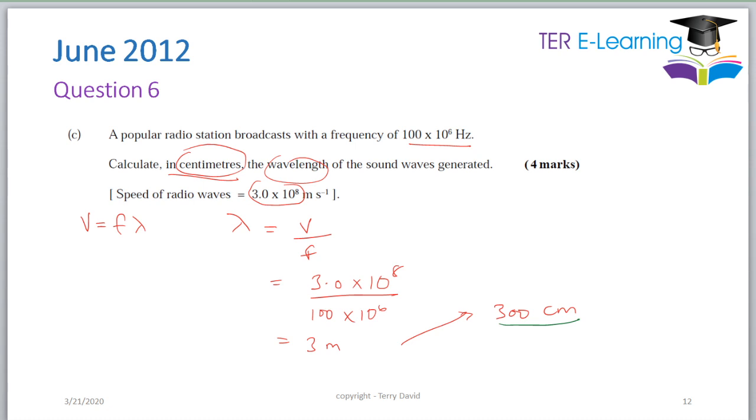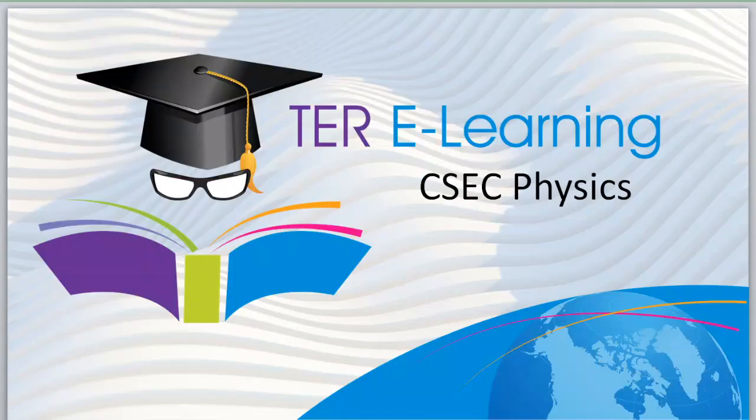Alright, so that's the June 2012 paper. I'm going to move on to another paper here, the June 2011 paper. I'll give you all 2 minutes to make sure you're on to that paper right now.